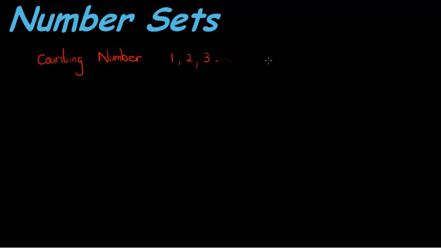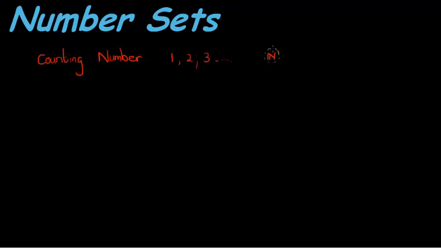Now, the symbol that we use for counting numbers is the symbol N. That represents the counting numbers, or another way of calling it is natural numbers from 1. You'll see now why I call it natural numbers from 1, but simply it's the counting numbers. Now, what is this all about, that funny N thing?